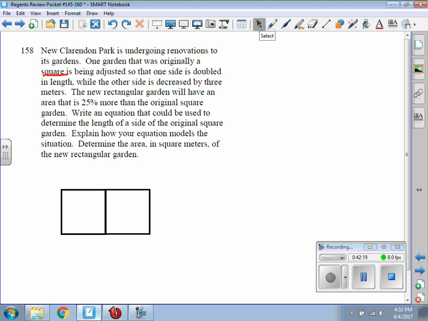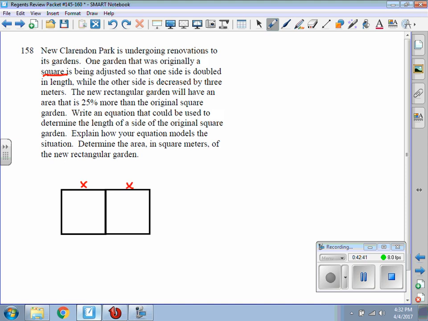There we go. They've taken the original square garden and doubled its size, like a whole new garden right next to it. So if the original length of the garden was x, the entire shape has another x next to it.